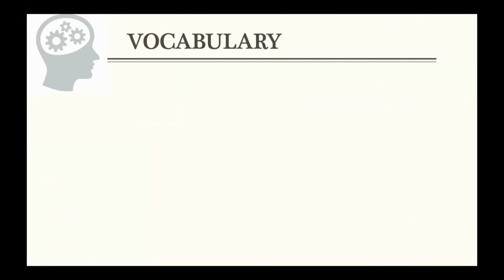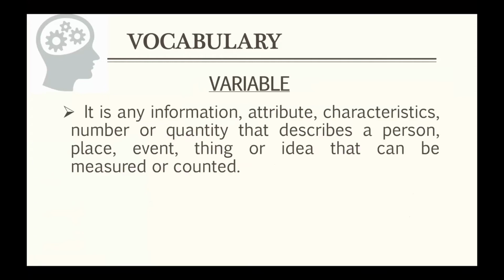In this lesson, we're going to define the following mathematical terms. The first one is variable. What is a variable? It is any information, attribute, characteristics, number, or quantity that describes a person, place, event, thing, or idea that can be measured or counted.